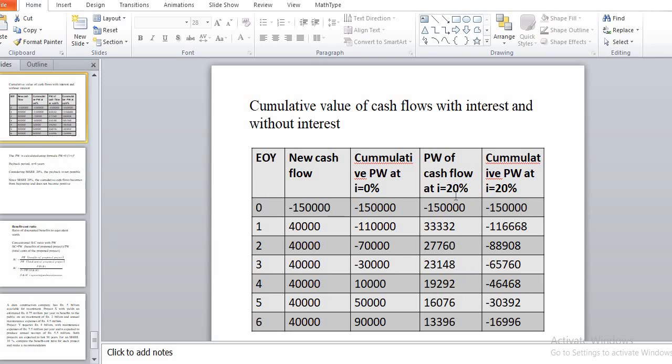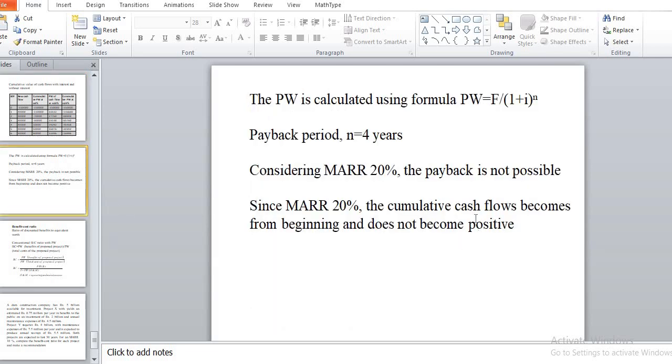So with 20% interest, we cannot get the payback period even in the 6th year. Payback is not possible by considering this interest at 20%. This is the example of the payback period method, which we can also consider.